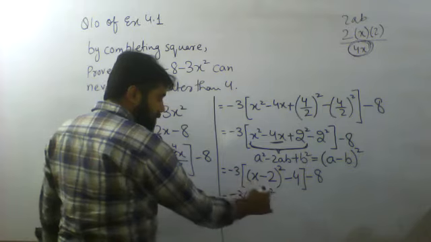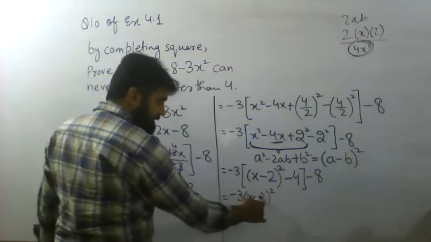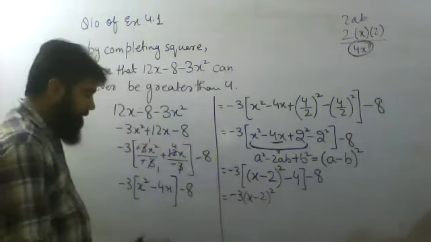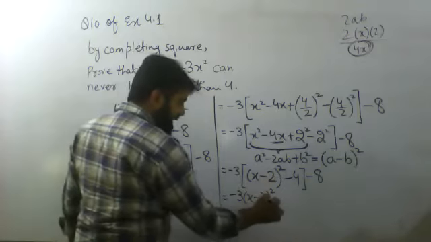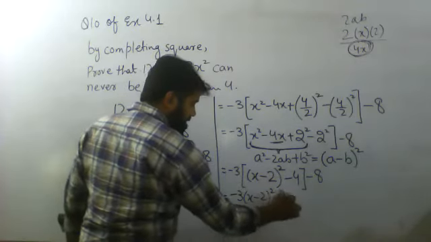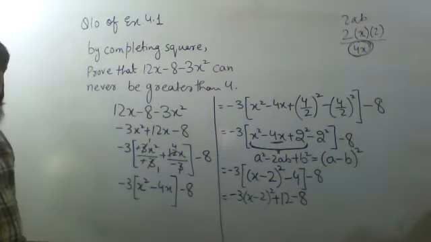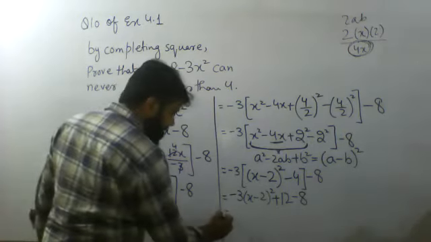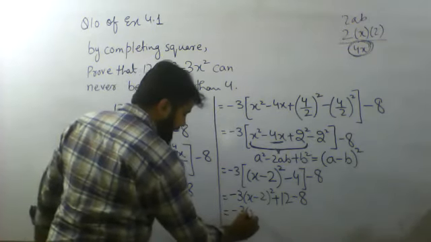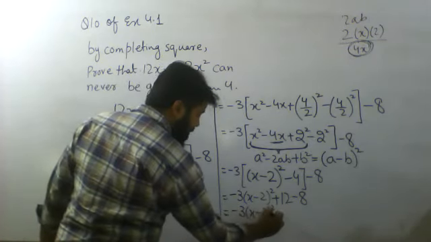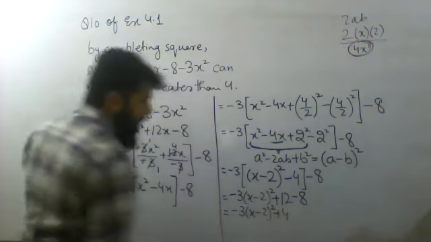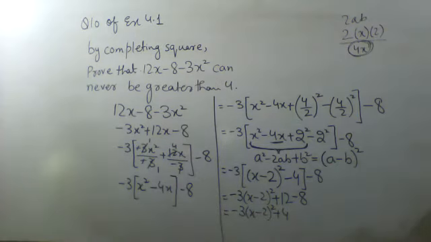This bracket has a square, so I can't apply minus 3 inside. I will leave it over here. Minus 3 multiplied by minus 3 will be plus 12 minus 8. After this, minus 3 x minus 2 whole square plus 4. Okay.